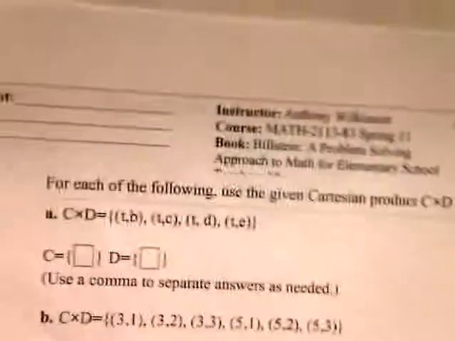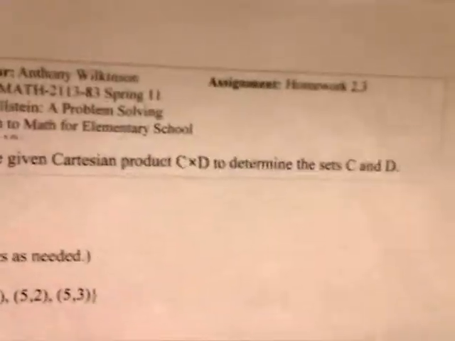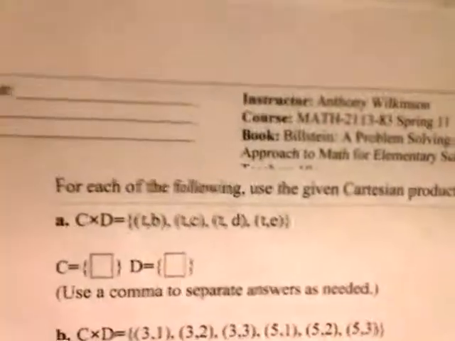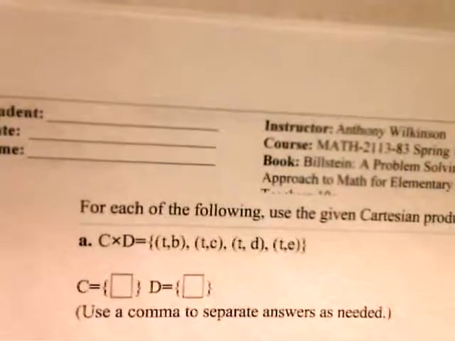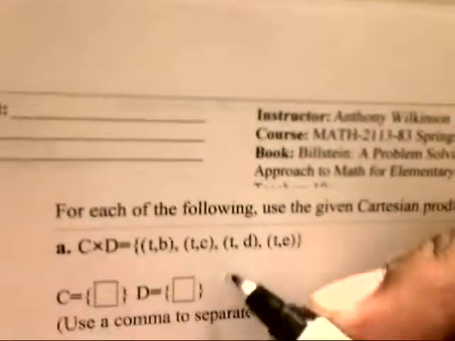And number 3 is this. For each of the following, use the given Cartesian product C cross D to determine the set C and D. So now you have C cross D, but here we're going to be working backwards. Okay, so we want to find out what C is.